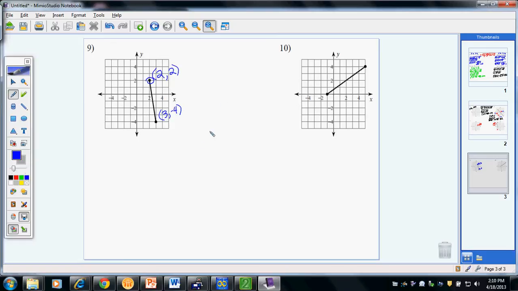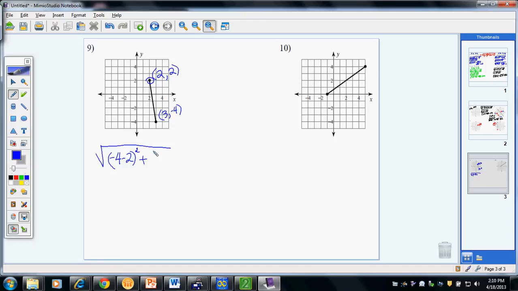Okay. So again, plug it into the formula. y2 minus y1 is -4 minus 2. And again, remember, it does not matter which one we label as y2 minus y1 or y1 minus y2. Either one can fit the bill. It'll still come out the same way.